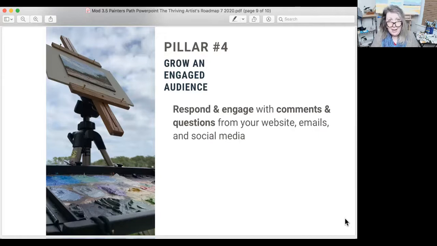Hit reply now and talk to people. If you're not sure what to say, again, go and look at what some of the role models you've got out there have done and model their behavior. You don't have to reinvent the wheel. But if you do these things, and so few other people are, you are going to be building raving fans and followers, and your ideal collectors will move from being ideal to being actual. And isn't that what we all want?